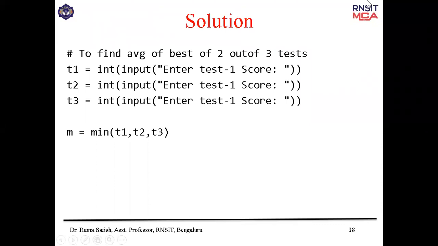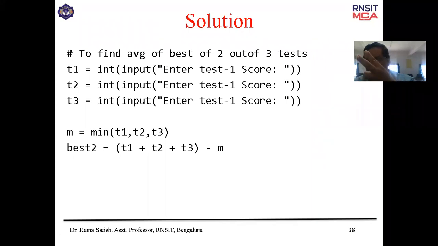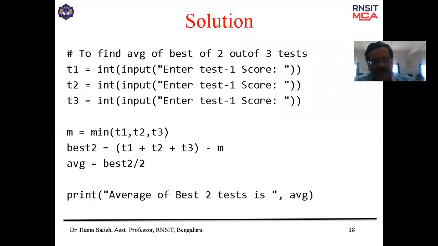Since you have only the best two tests, you add all the tests, and you don't know which one is the minimum, so you remove the minimum one. When you remove the minimum out of three, the best two will automatically be there. So these two tests, you take the average. Average is equal to best two divided by two. And finally you print. Very simple.